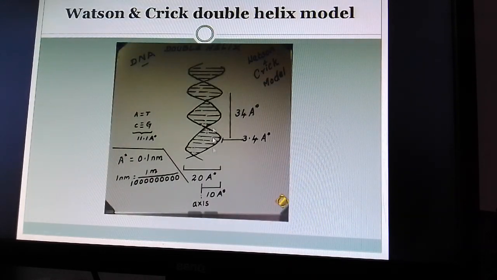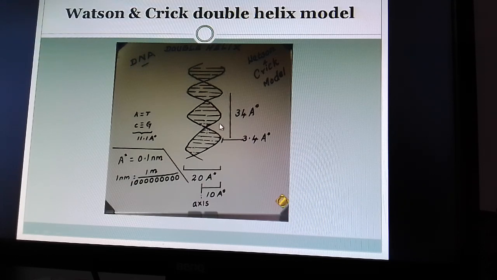And then because of the difference in the position of this pentose sugar and its attachment to phosphoric acid, these two strands, even though connected by the hydrogen bond, will be physically available in a helical structure. So that's what was proposed by Watson and Crick as the double helical model of DNA.